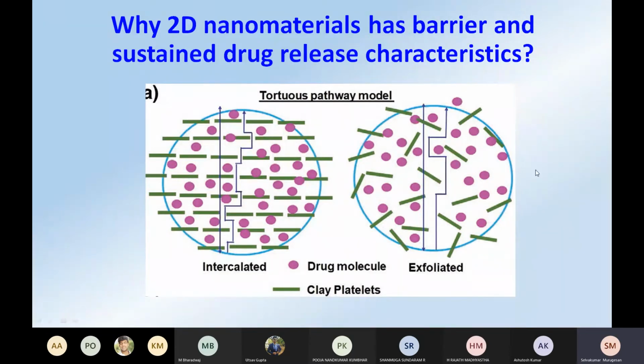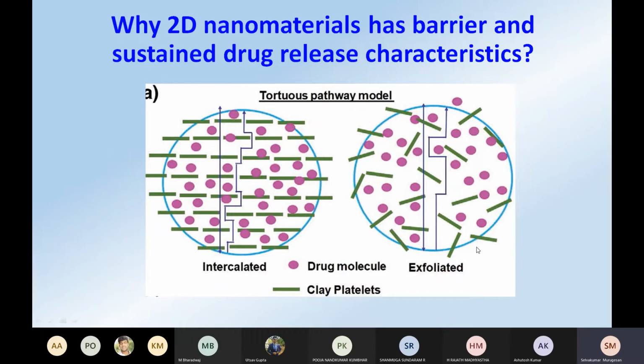And look at this exfoliated one. In the case of exfoliated, you can see there is more free volume present in the composite material, and the mean travel path is pretty short. As a result, even the drugs which are inside the nanocomposite structure can come out very easily.